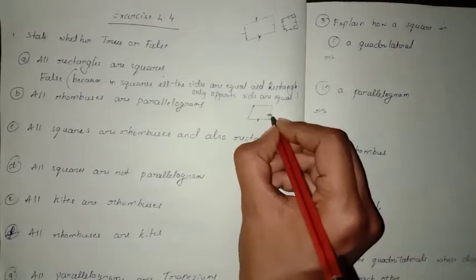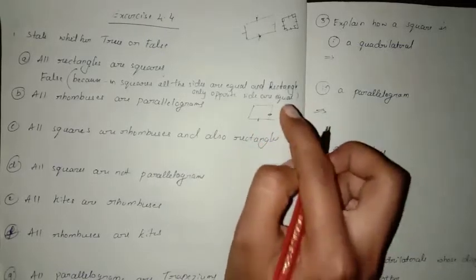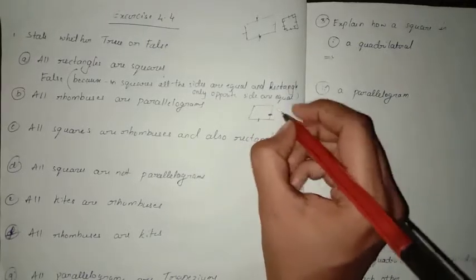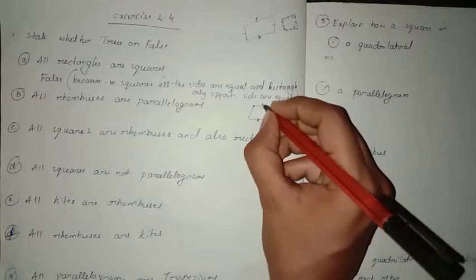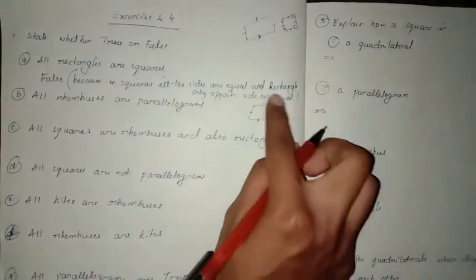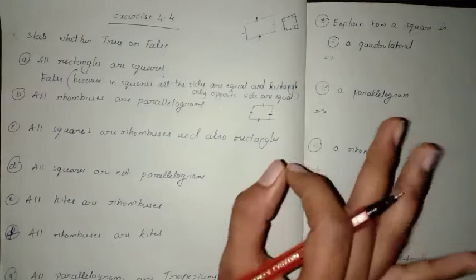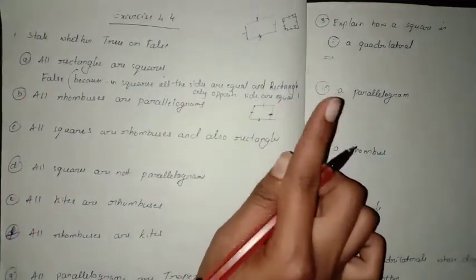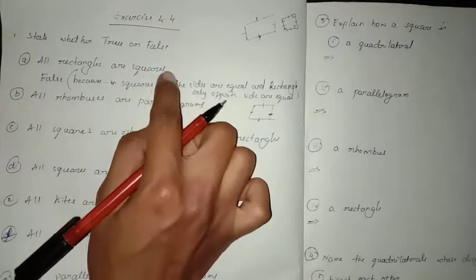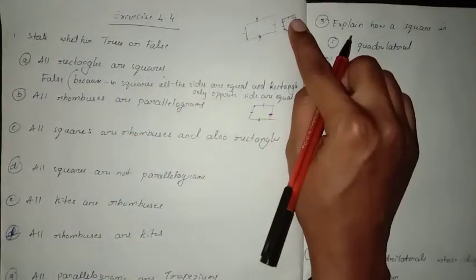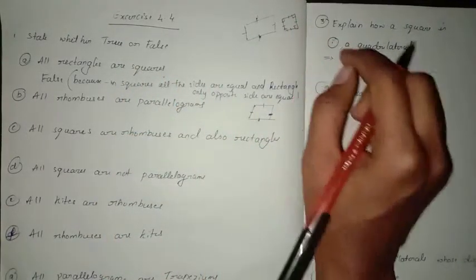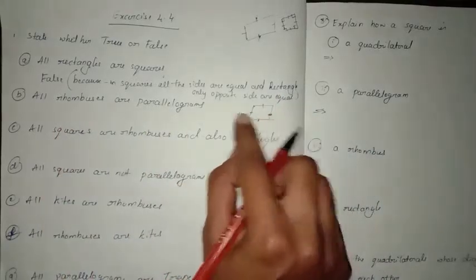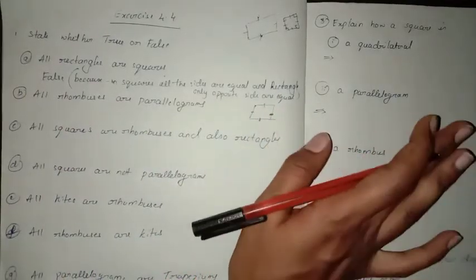And as the adjacent sides are equal, the opposite sides will also be equal to each other. That means all the sides are equal in a rhombus. Then the question arises, what about a square, ma'am? In a square we have perpendicular sides, a 90 degree formation, but in rhombuses all the sides are equal to each other.